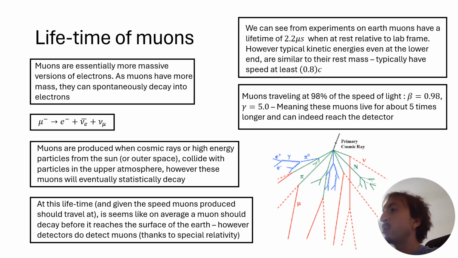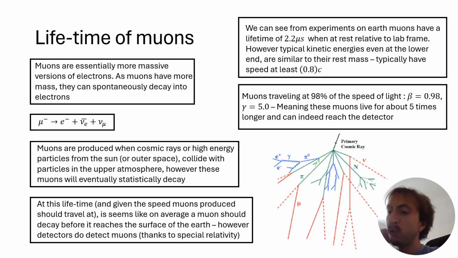Now you might think 2.2 microseconds, the lifetime of a muon at rest relative to us, is quite short, but it's worth saying that the decay of muons happens thanks to the weak interaction. And the weak interaction is called weak because it's extremely ineffective compared to the strong interaction. And 2.2 microseconds is therefore typical of weak interactions because it's actually quite a large lifetime.